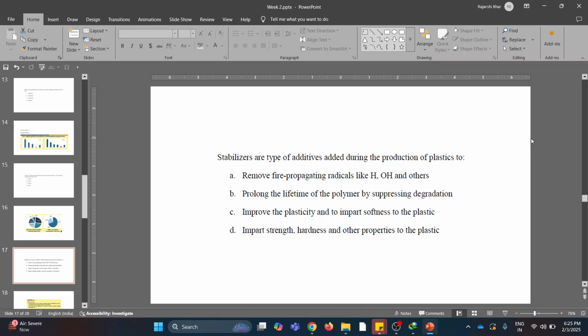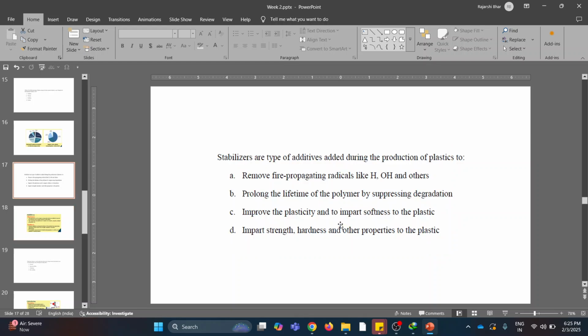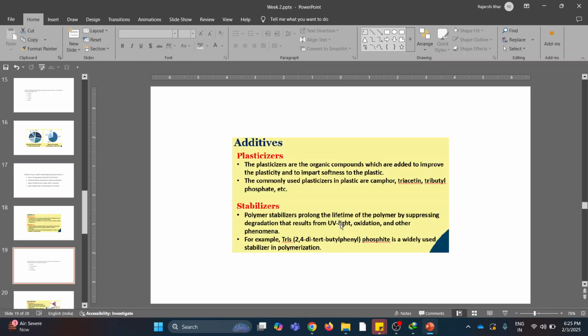Okay, so stabilizers are basically used to prolong the life of the polymer by suppressing its degradation. You can understand it with the help of this. So you can see that among stabilizers properties, the first point itself says that its role is to prolong the lifetime of the polymer by suppressing its degradation that results from UV light, oxidation and other phenomena. So that is why option B is the correct answer.